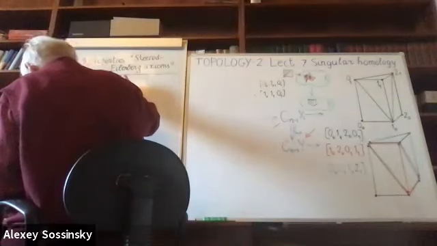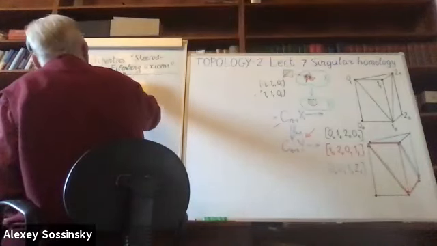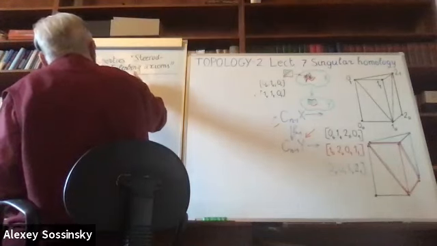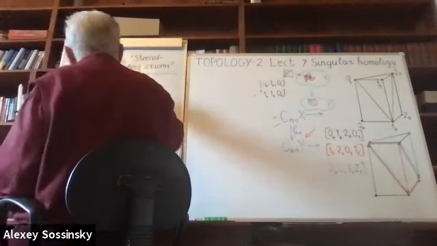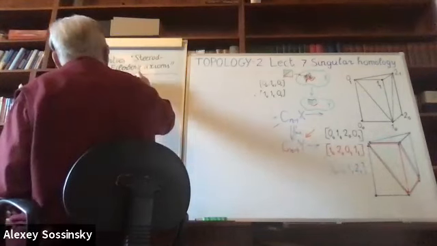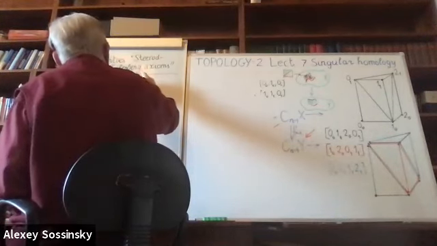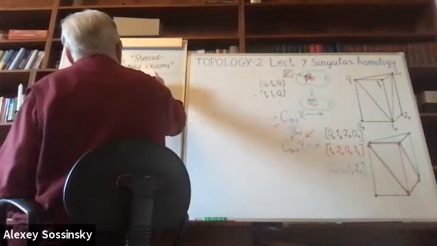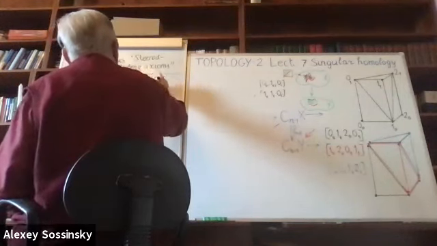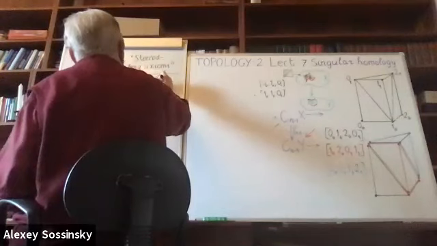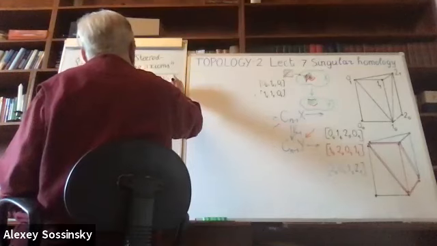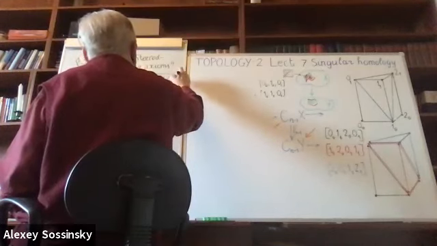We assign an abelian group, actually a Z-module, and to any pair of spaces, this functor assigns an abelian group denoted H_n(X, A).